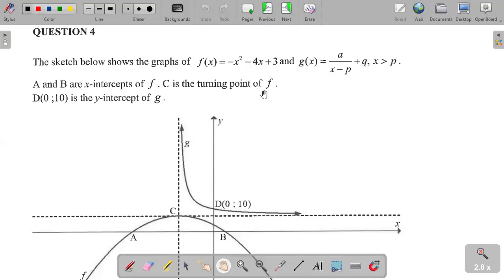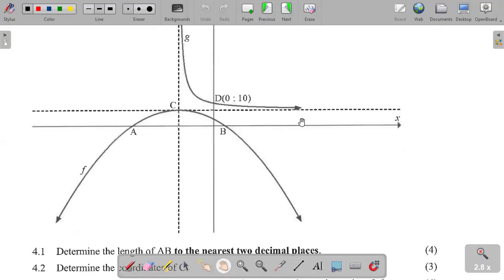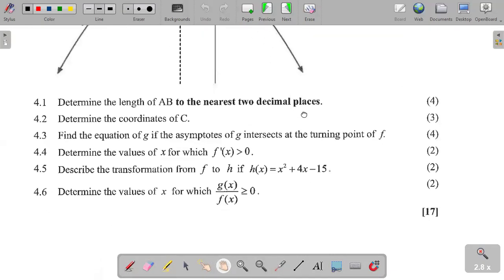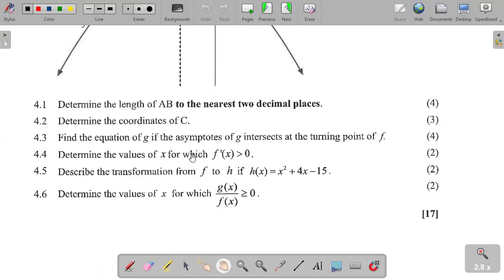C is the turning point of f. D, 0 and 10, is the y-intercept of g. Determine the length of AB to the nearest two decimal places.